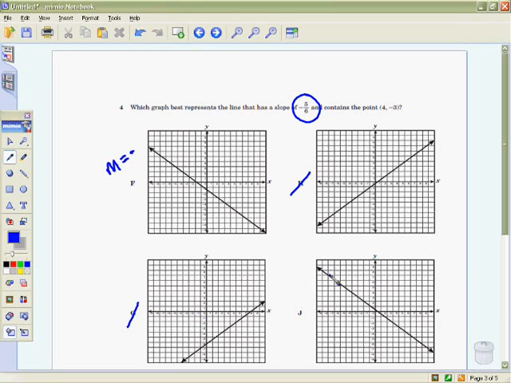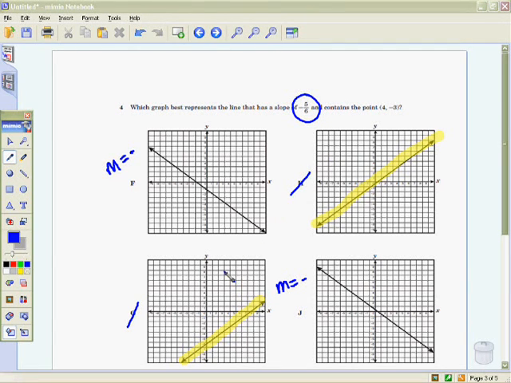Here, my line is going down from left to right. My slope will be negative. Here, however, on these two, since my line is going up from left to right, my slope is positive. And in my question, I'm looking for a negative slope, so I can go ahead and cancel those out.